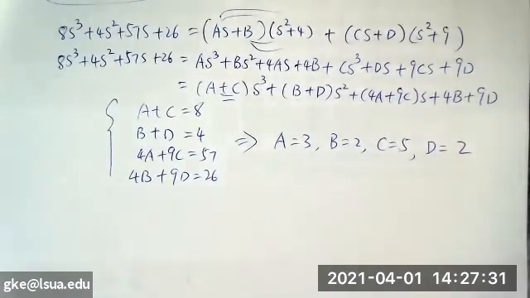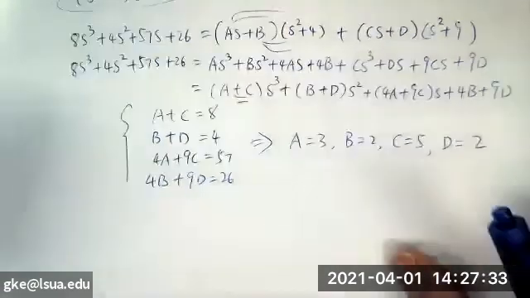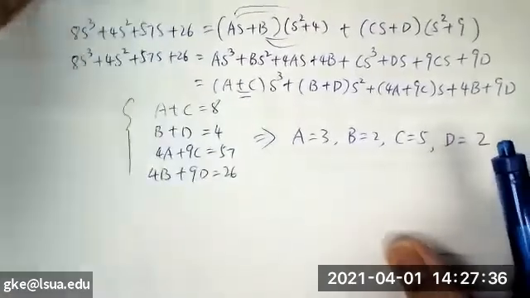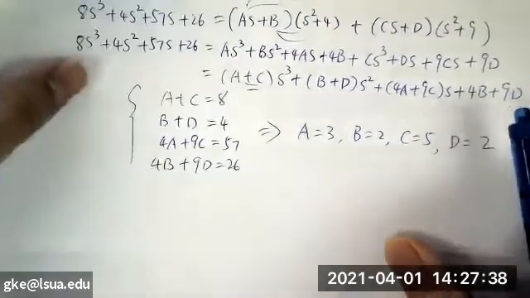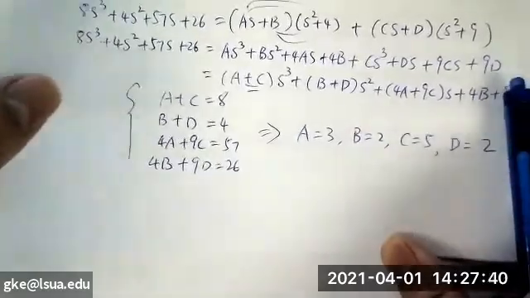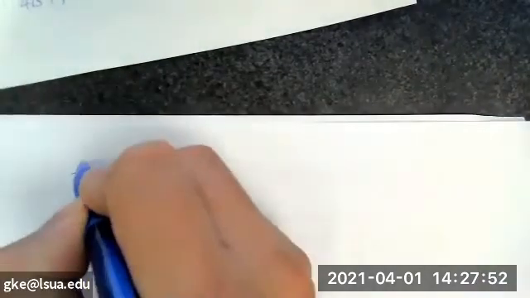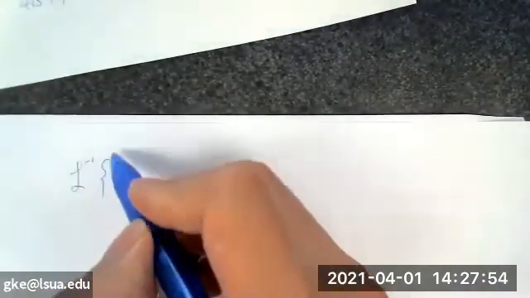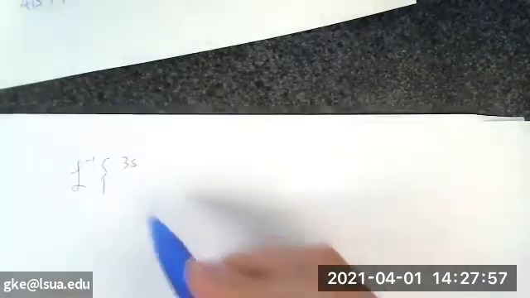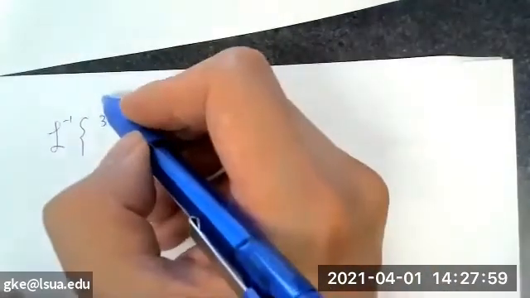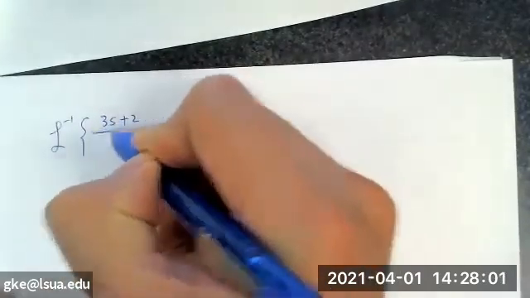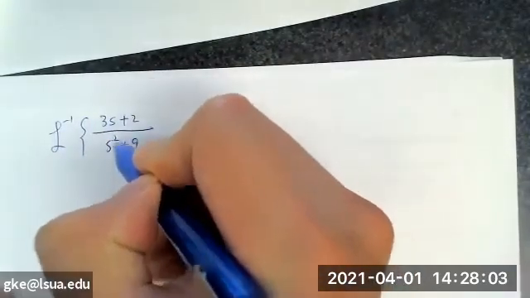Okay. Now, after you got this, everything should be very straightforward. Let me write down the answer for you guys. We're plugging back. We're going to get (3s plus 2) over (s squared plus 4) plus (5s plus 2) over (s squared plus 9).